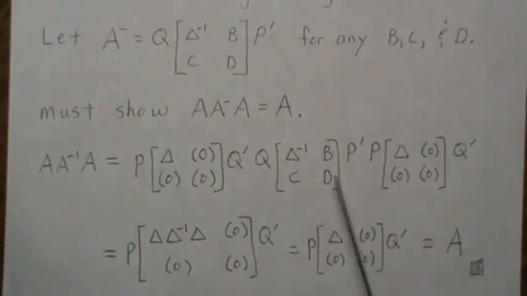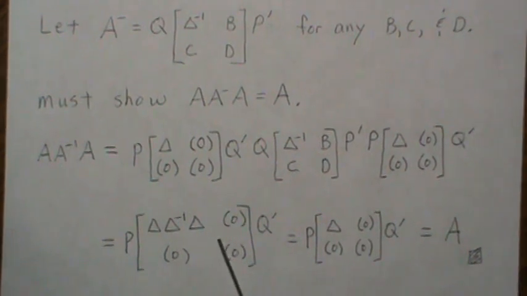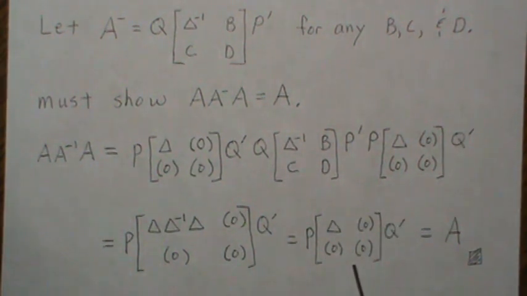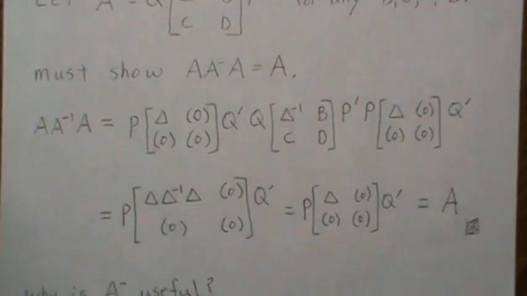After you do that, you get this matrix: Q prime comes down, P. Now delta inverse times delta is the identity matrix, so you get delta back. But this matrix product, by the singular value decomposition theorem, is what we're calling A. So it does satisfy the requirements, and this is a generalized inverse.